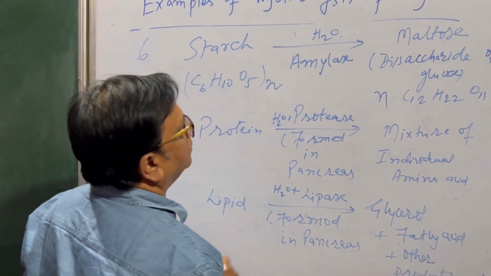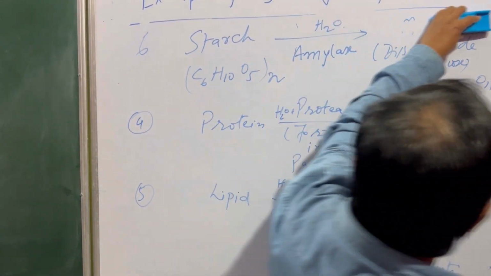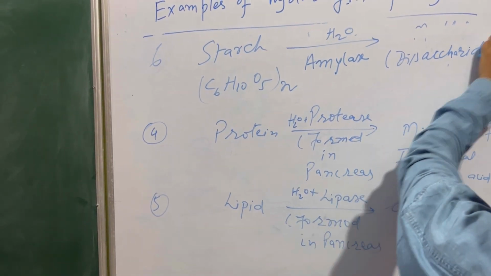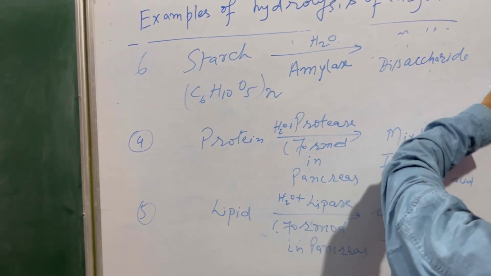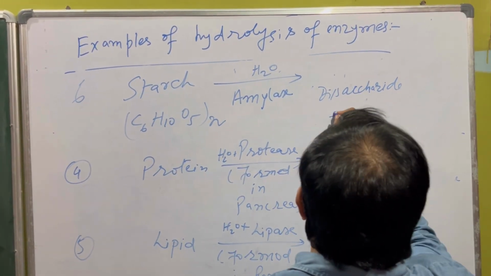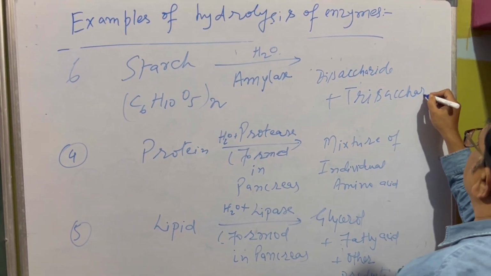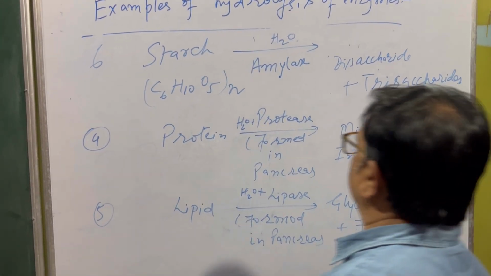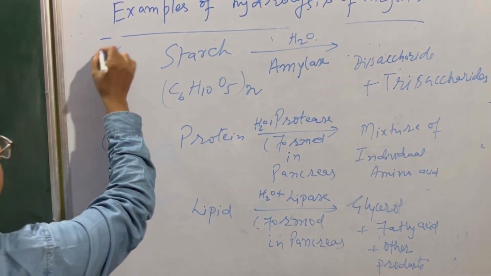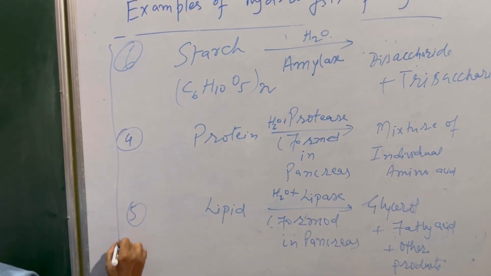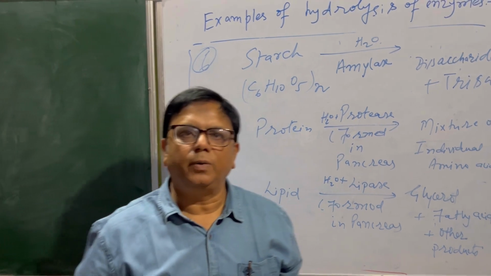What you get is some disaccharides, and you will also be getting trisaccharides. All these processes are examples of hydrolysis by enzymes.